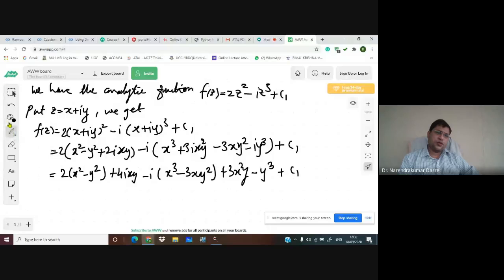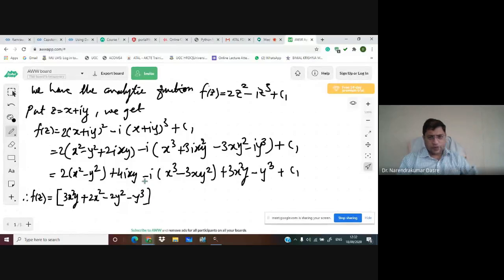Okay, so now what do we get here? We get f of z equal to c plus 3x square y plus 2x square minus 2y square minus y cube. This is the real part.